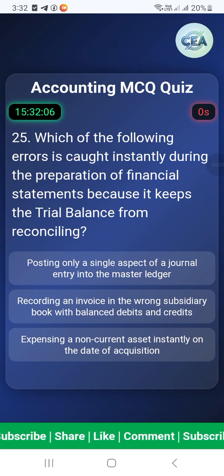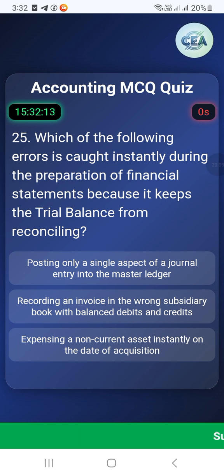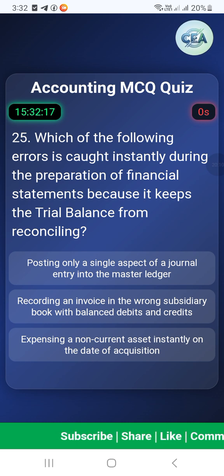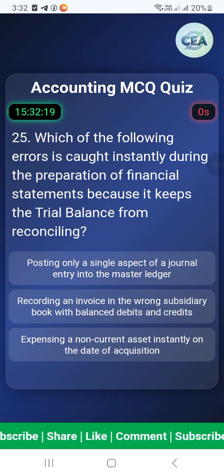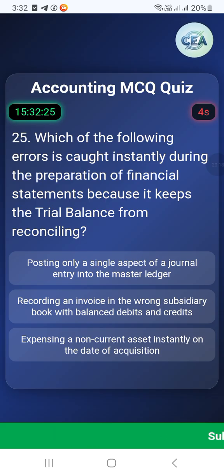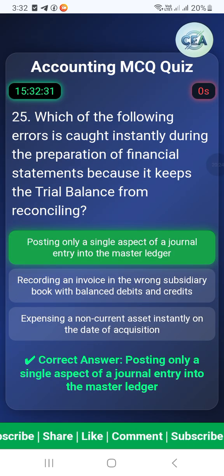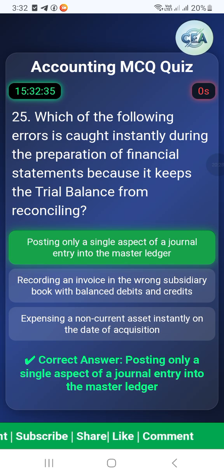Posting only a single aspect of a journal entry into the master ledger. Option 2. Recording an invoice in the wrong subsidiary book with balanced debits and credits. Option 3. Expensing a non-current asset instantly on the date of acquisition. Correct answer is posting only a single aspect of a journal entry into the master ledger.